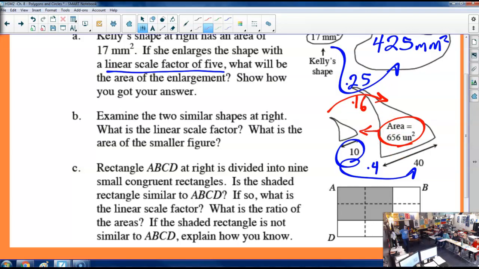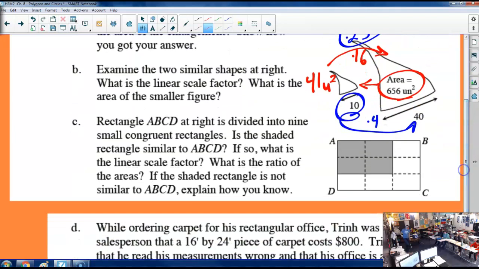So the area of the original, smaller shape is 656 divided by 16, 41 units squared. Does that make sense? Whatever the linear factor is, we square it for the area factor.